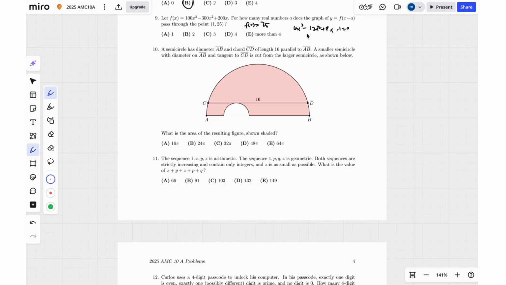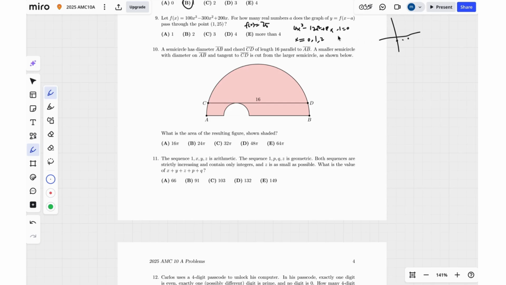So here we can see that when x is equal to 0, we have f of x equals negative 1, so we can plot that here. When x is equal to 1, we have f of x equals negative 1, and when we have x equals 2, we have f of x equals negative 1.